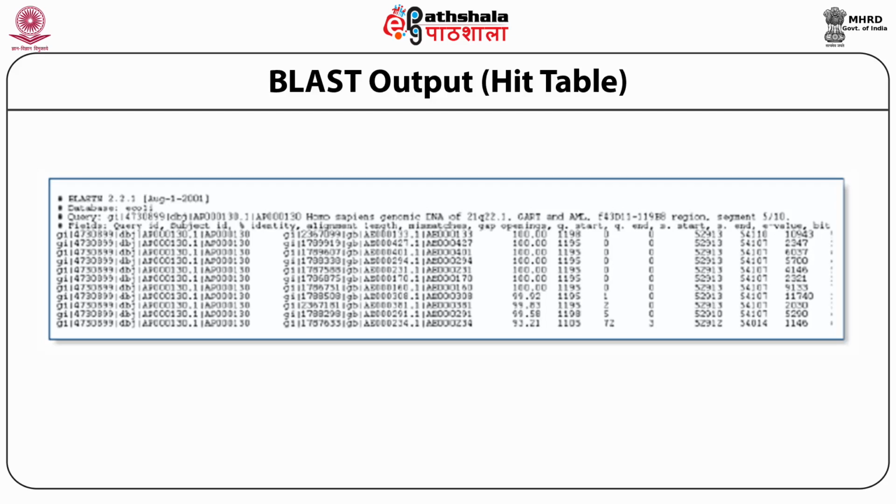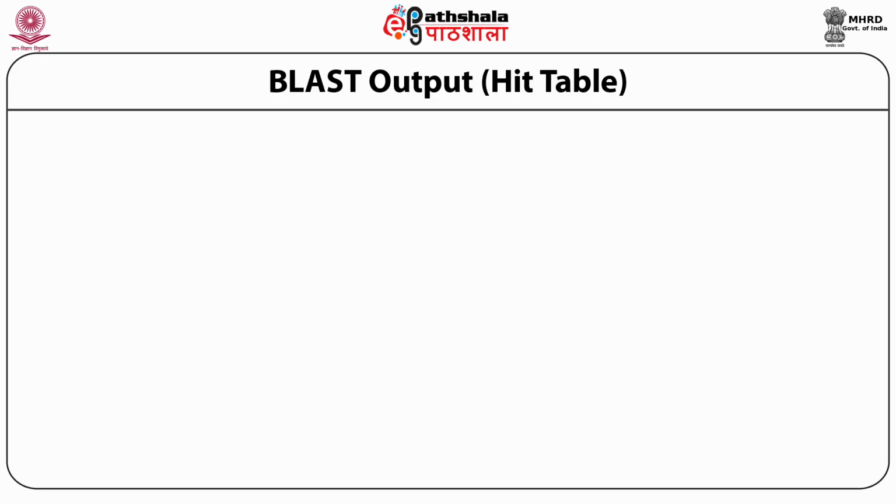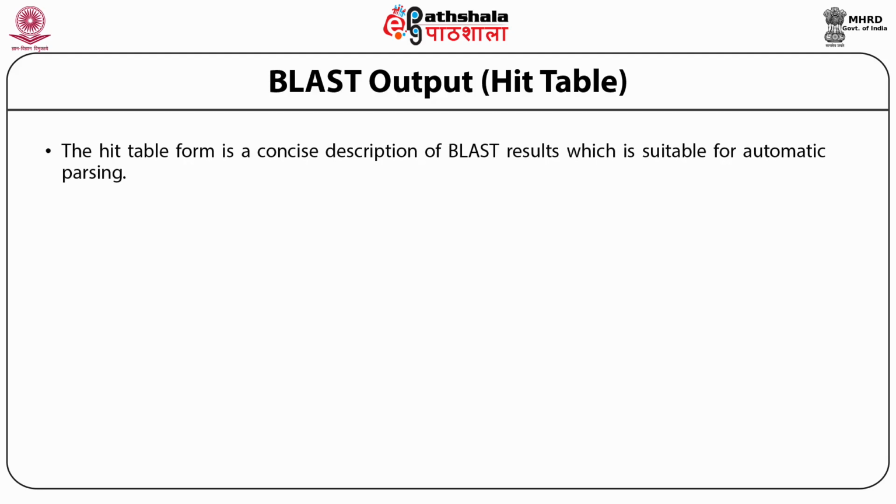And if you want to do further analysis on this, those analyses can be easily done. So this hit table output is more tuned to those kinds of users who are running BLAST not just for the sake of BLAST itself, but are going to take that output and do further downstream analysis. It simply makes this analysis easy. So in summary, the hit table form is a concise description of the BLAST result, not as detailed as the traditional output, and it is easily and automatically parsed.